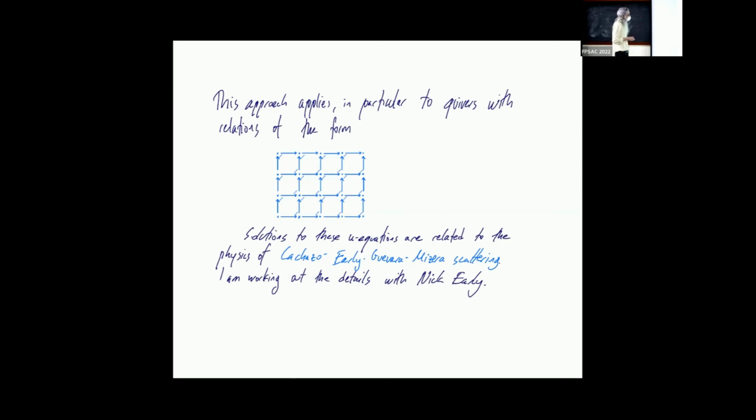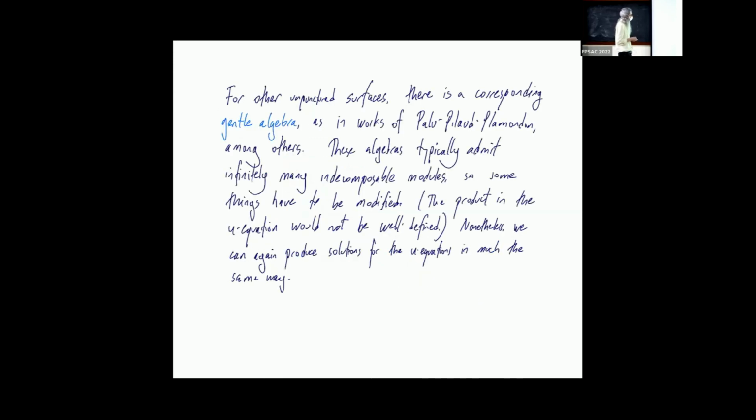Such quivers, these grid quivers, have the property that there are only finitely many indecomposables. And the solutions to U equations in this case are related to the physics of Cachazo, Early, Guevara, Mizera scattering. And I'm working the details of that out with Nick Early. So that's sort of a slightly different direction. Well, not really that different, I guess.